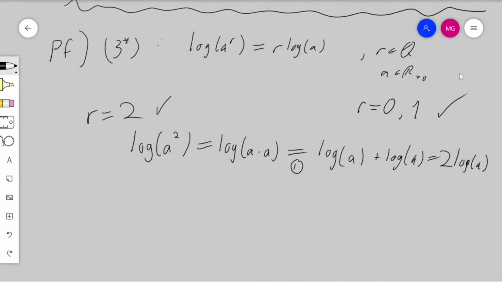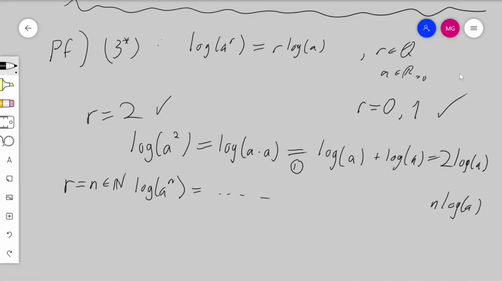And now, more generally, if we take r equals n, where n is some natural number, we can show that log of a to the power n is equal to n log of a. I'm writing this on the right-hand side.